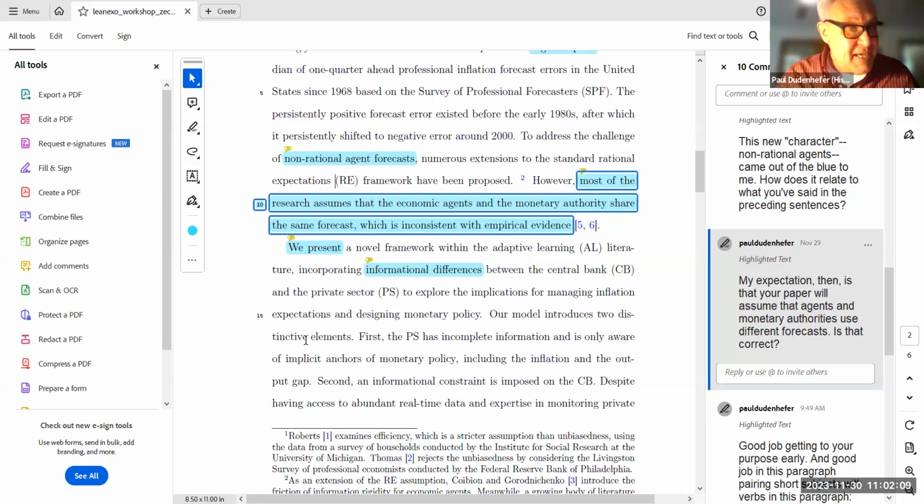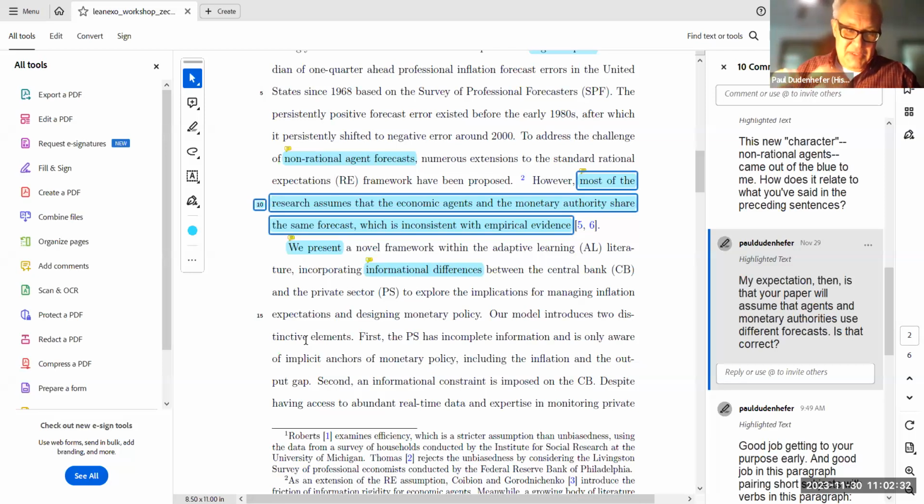But let me tell you what this does. My expectation now is that you are not going to assume this, that you are going to assume instead that they do not share the same forecast.